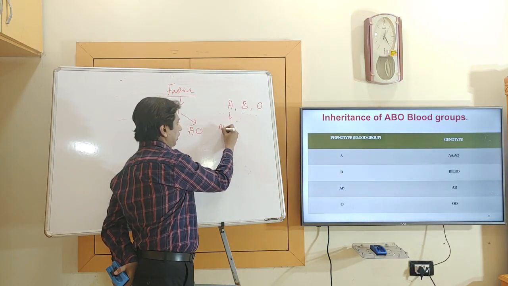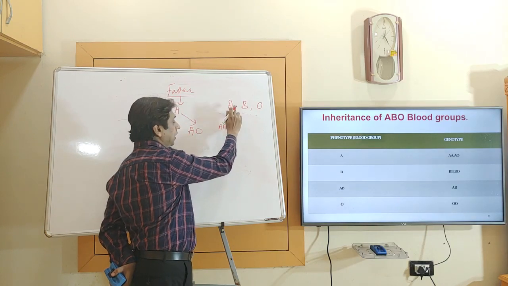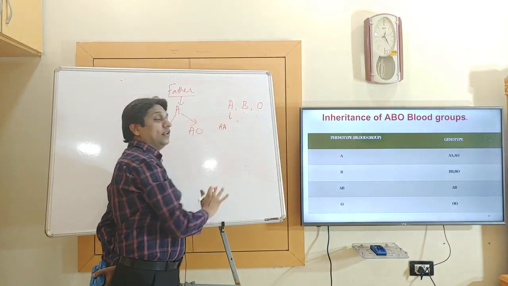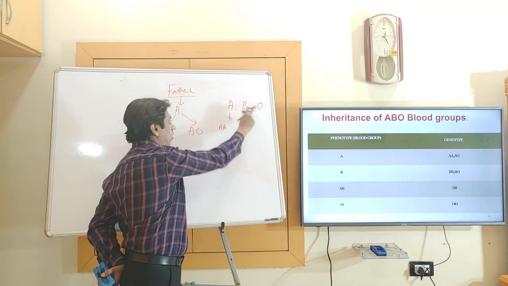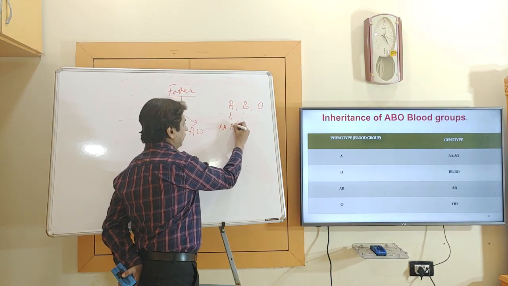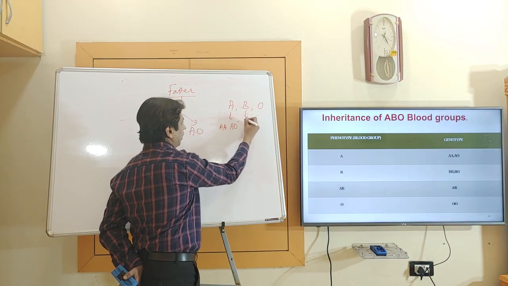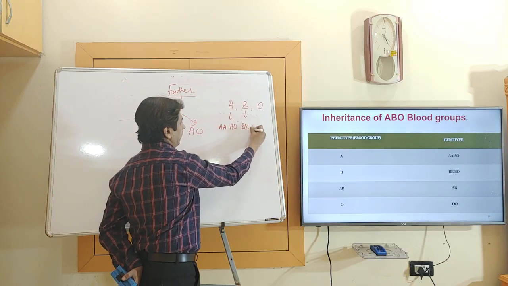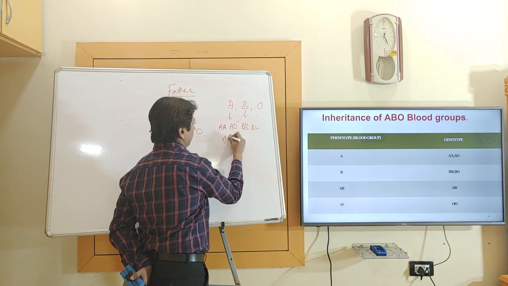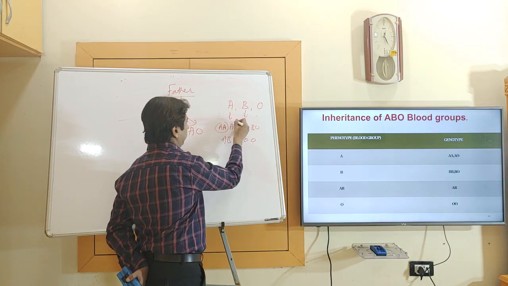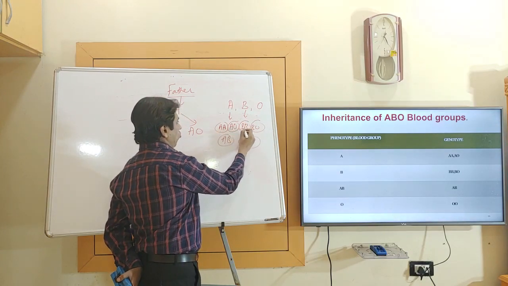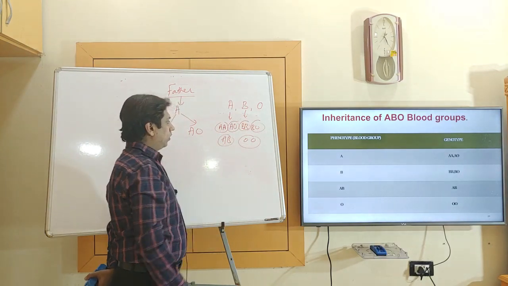These are known as alleles; alleles are the variant forms of a gene. For the blood group, there are three alleles: allele A, allele B and O. Based on these three alleles, there are six possible genotypes: AA, AO, BB, BO, AB and OO.